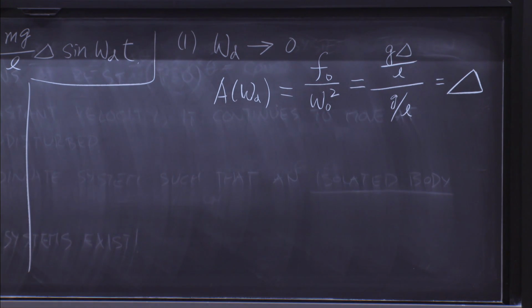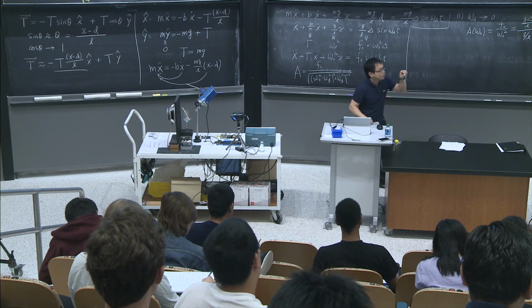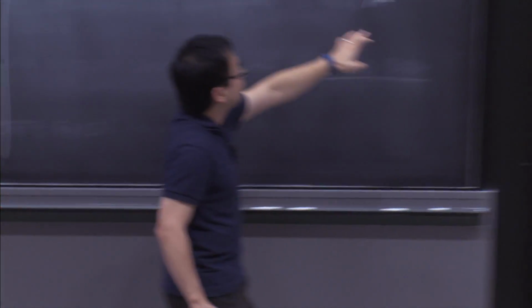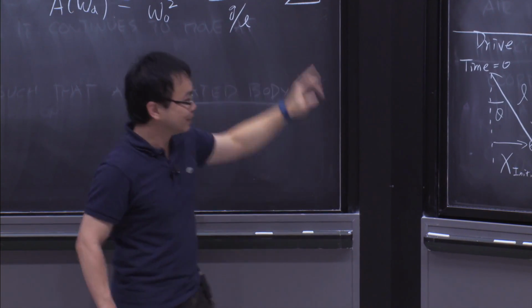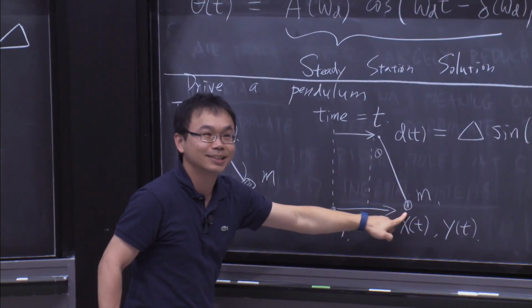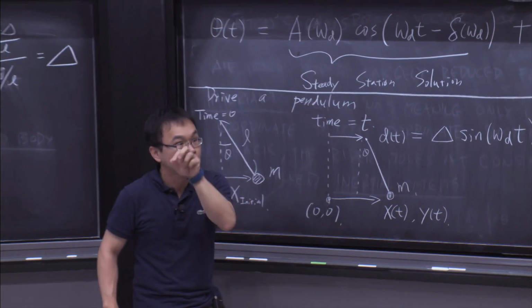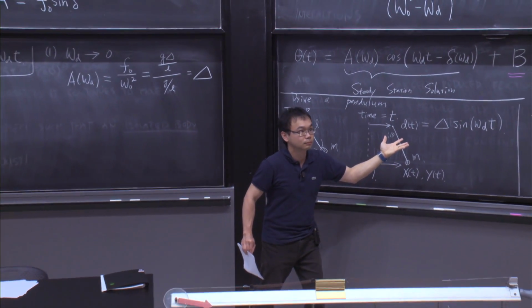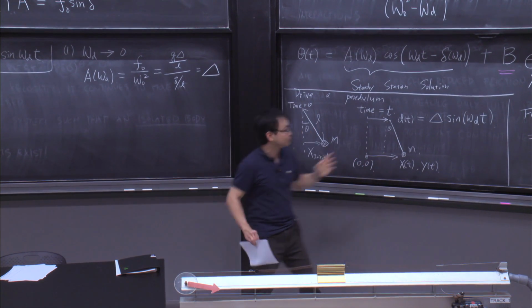So what does that mean? This means that if I drive this thing really slowly, then the amplitude of the mass will be equal to how much I actually move, which is delta. Okay, do you get it?